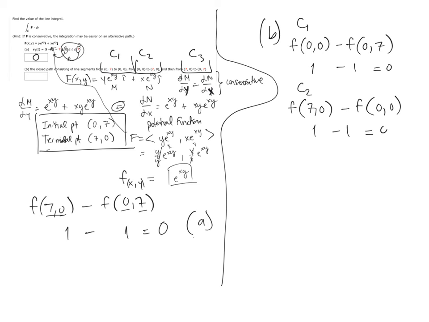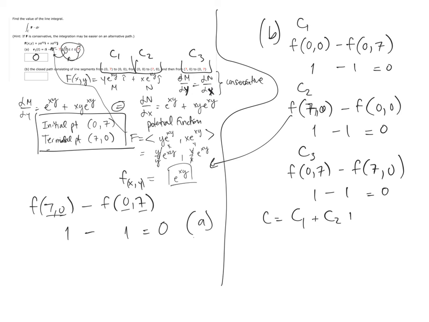I'm plugging these values into the potential function right here to get C1, C2, and C3. So C3 is F(0,7) minus F(7,0), so 1 minus 1 equals 0. So C equals C1 plus C2 plus C3, which is 0 plus 0 plus 0.